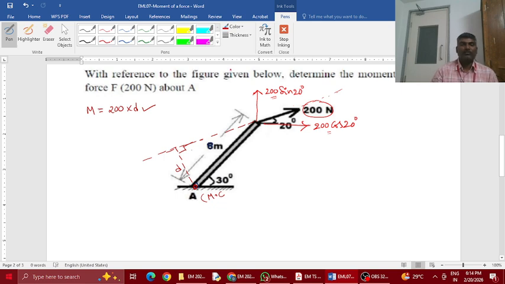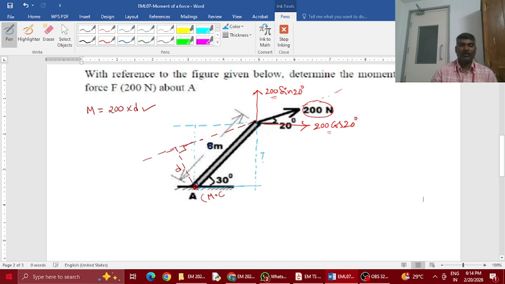Yeah, so now you see this is the line of action of the x component. Okay, so if you draw perpendicular, right? So now this distance is the perpendicular distance from the line of action of the force to point A. So instead of taking perpendicular distance here, I took it here.